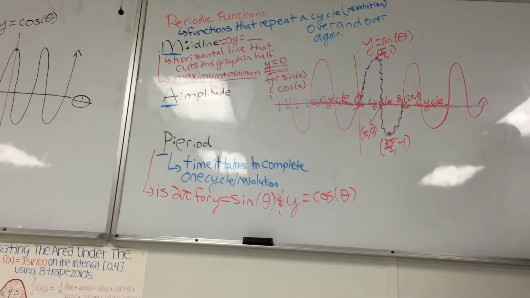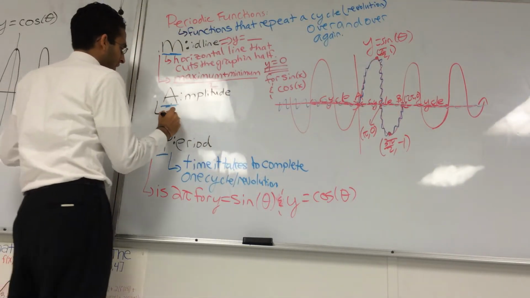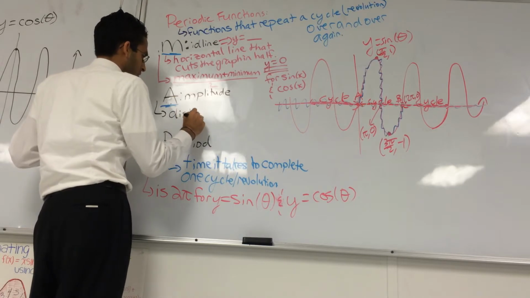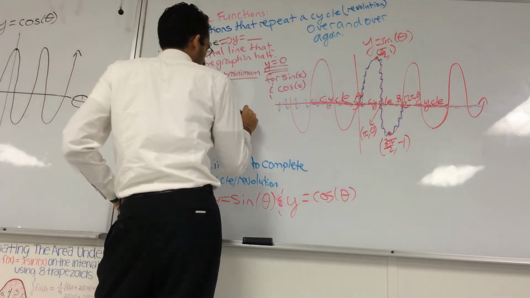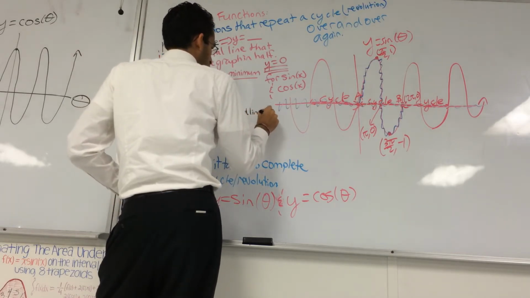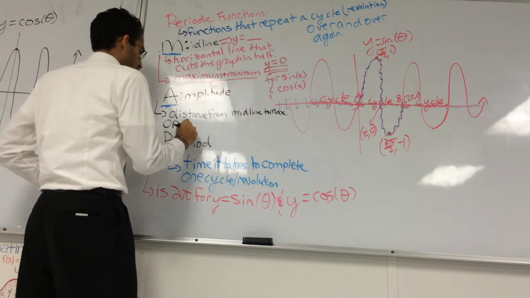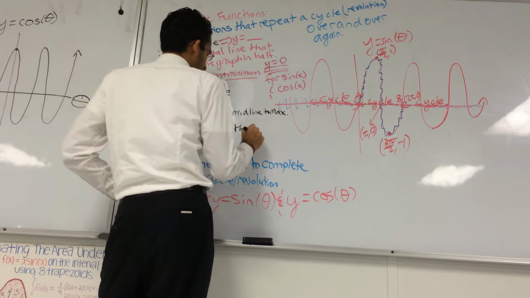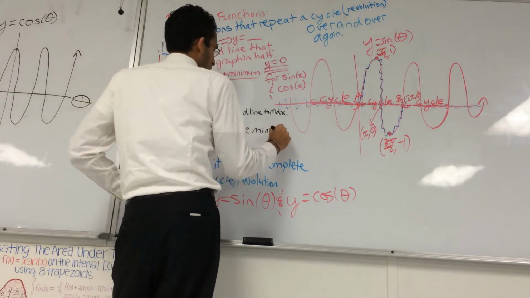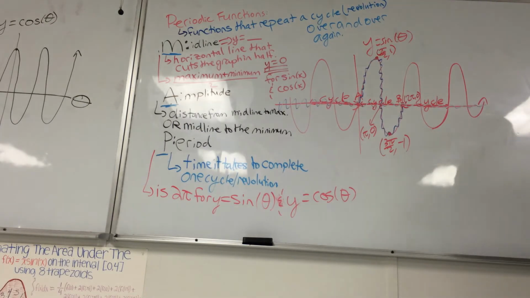And the last piece is amplitude, and amplitude is the distance from the midline to the max or the midline to the minimum. The reason we have or is because both of these values are the same.